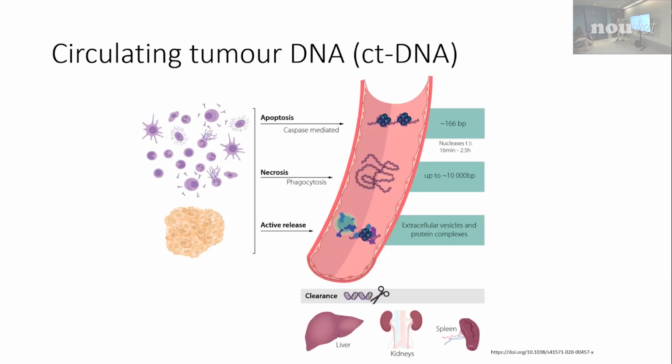But we've selected to work on circulating tumor DNA. That's the best established test in humans. When cancer cells die, they release some DNA into circulation that can then be detected using sequencing. The advantage of this kind of assay is that what you see in the blood is in real time.